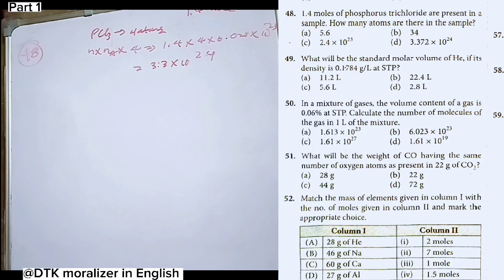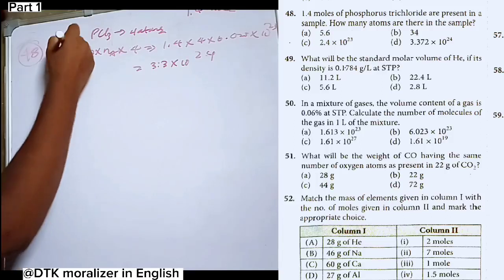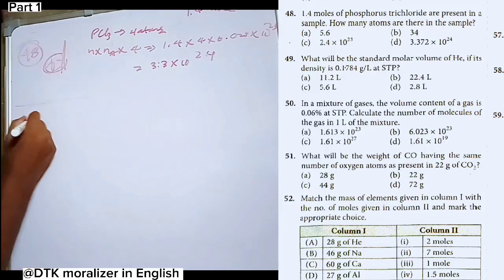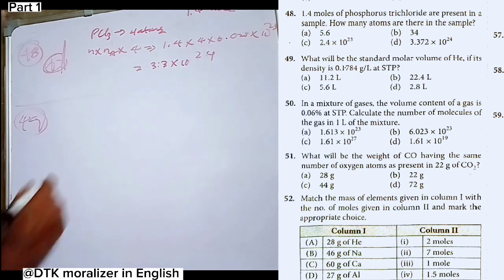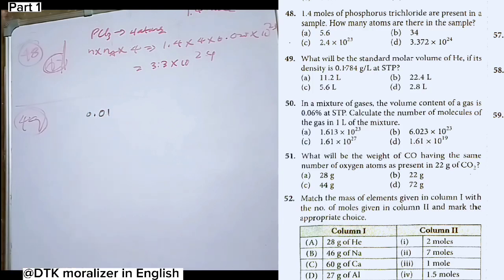When we multiply this, the answer will be 3.3 into 10 power 24. So option D would be right here.